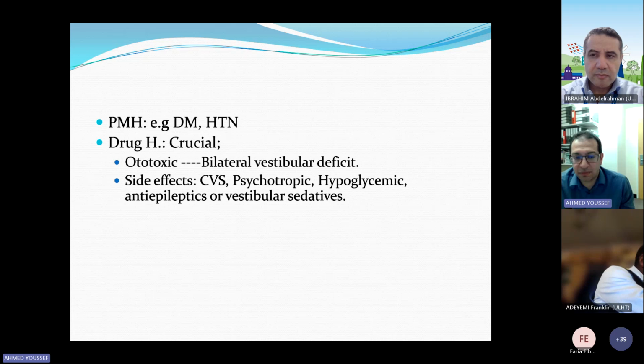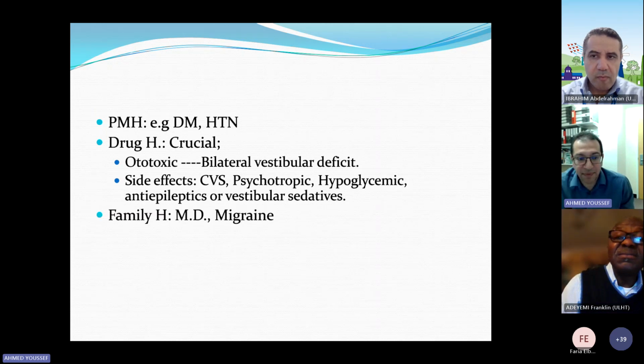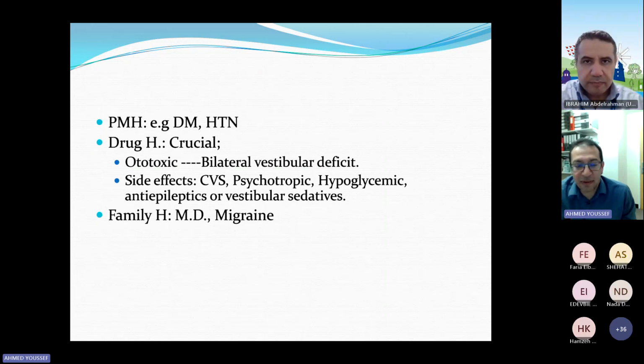Of course, we won't be asking them to stop the antiepileptics or the hypoglycemics, but statins, or other medication that can be stopped temporarily, especially if there is a high suspicion that they could be the cause of the dizziness. Then family history, we know that certain conditions like Meniere's disease, migraines, tend to run in families.